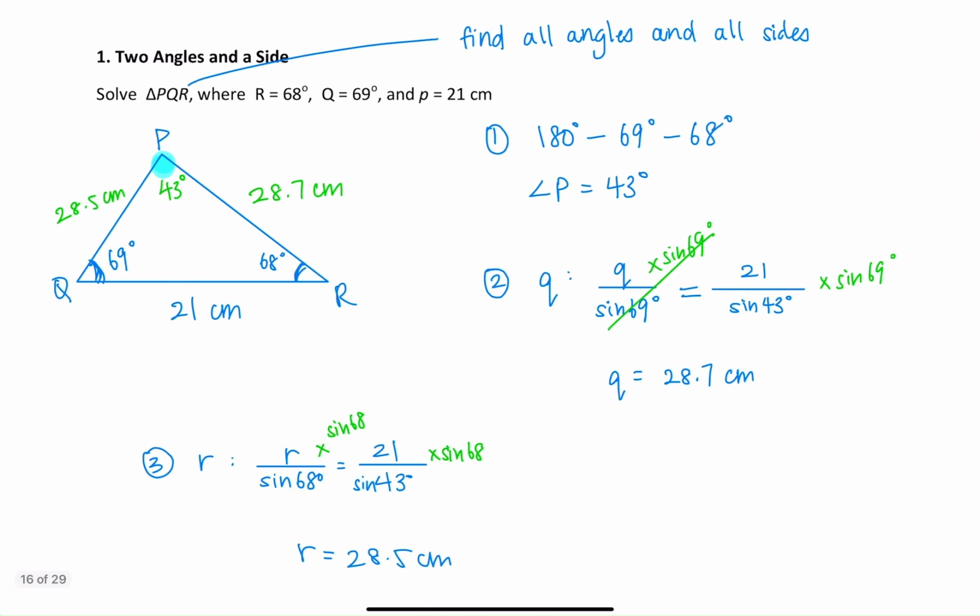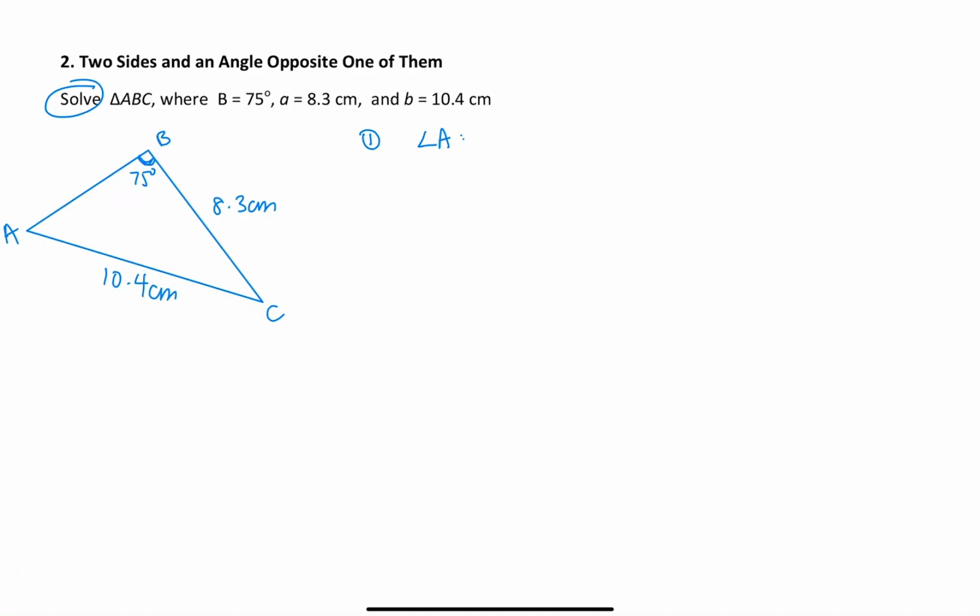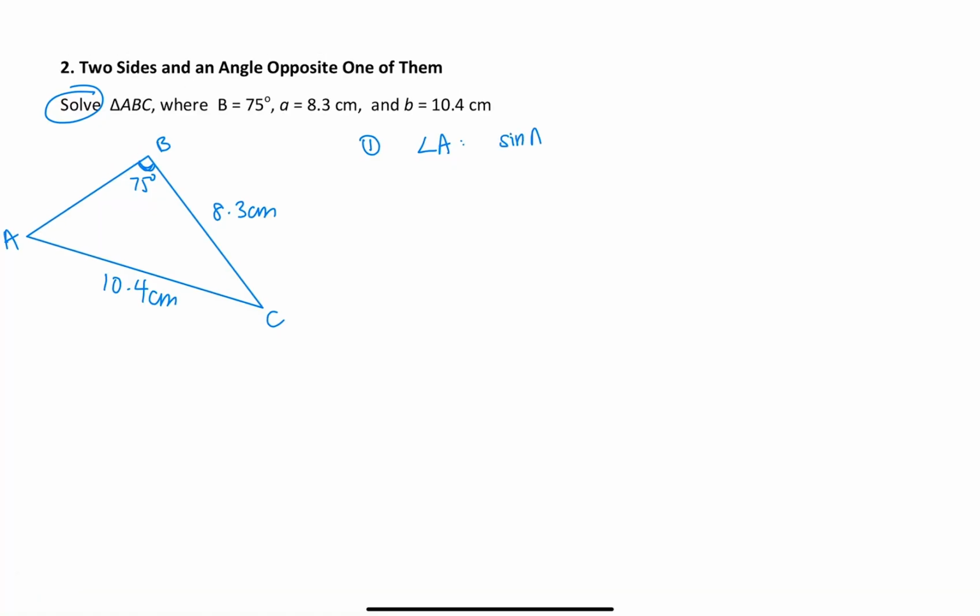So then that'll look like sine of A over side length A, which is 8.3 centimeters, is equal to, let's use what we're given. So we're given that sine of B is 75 over 10.4. And these two should be equivalent.